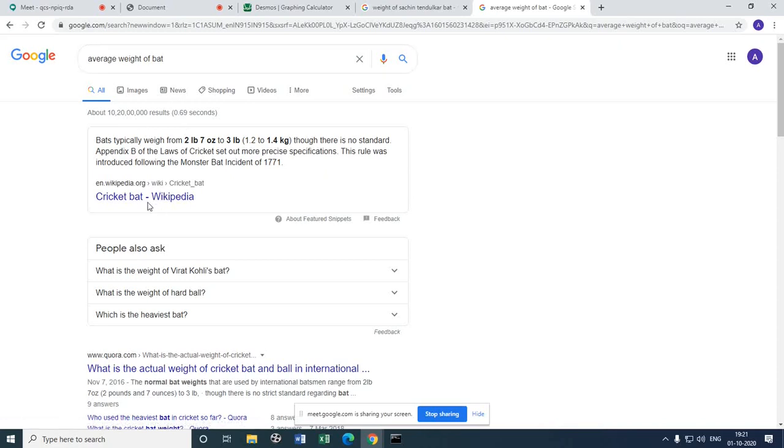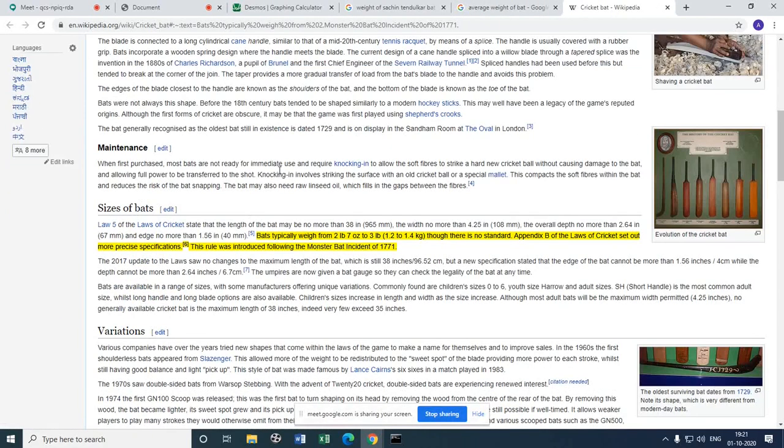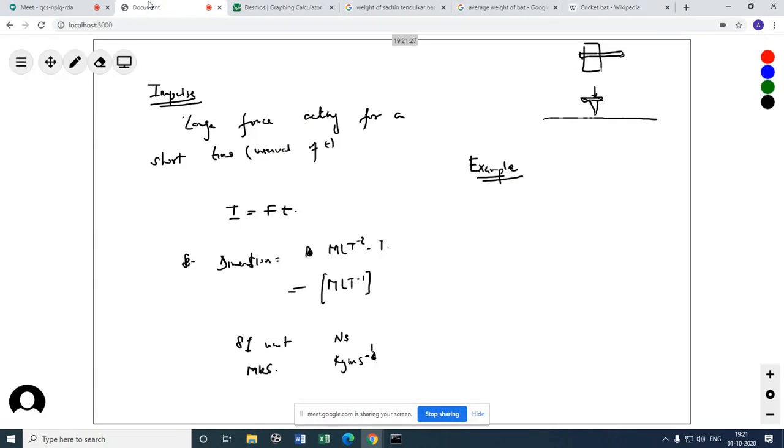Bats typically weigh from 2 to 7 ounce or 1.4 kg. So do you notice how Sachin was such a great hitter? No doubt he mastered this skill. Where did he master the skill of hitting the six?